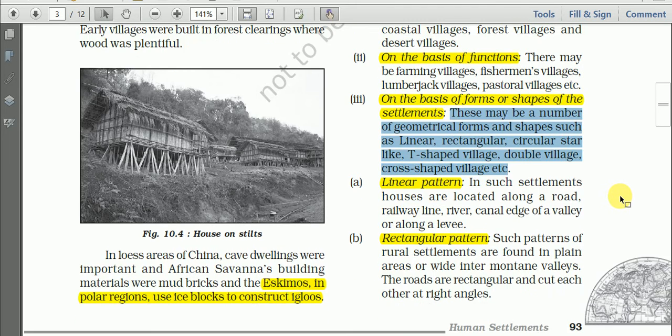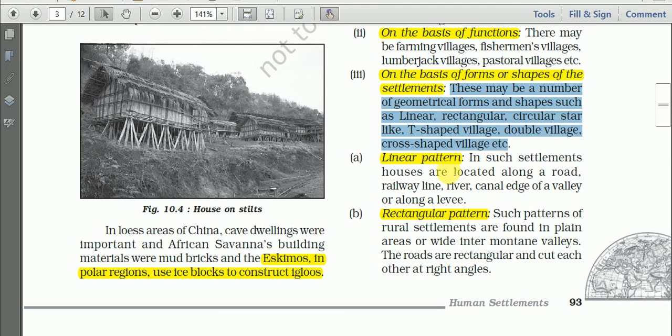So the first pattern or type is the linear pattern. In such settlements, houses are located along a road, railway line, river, canal, edge of a valley, or along a levee.